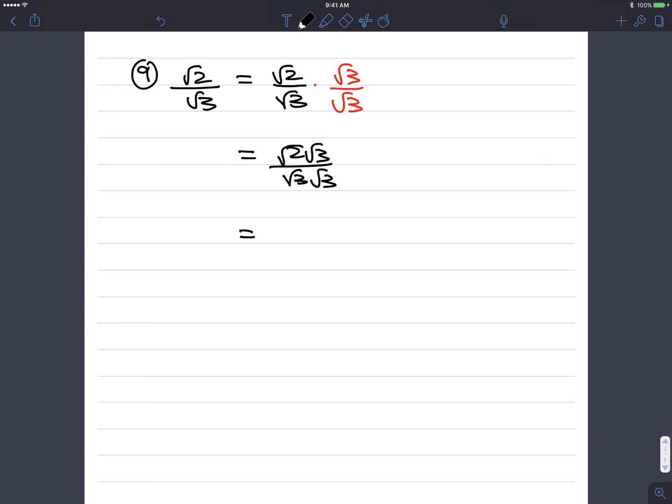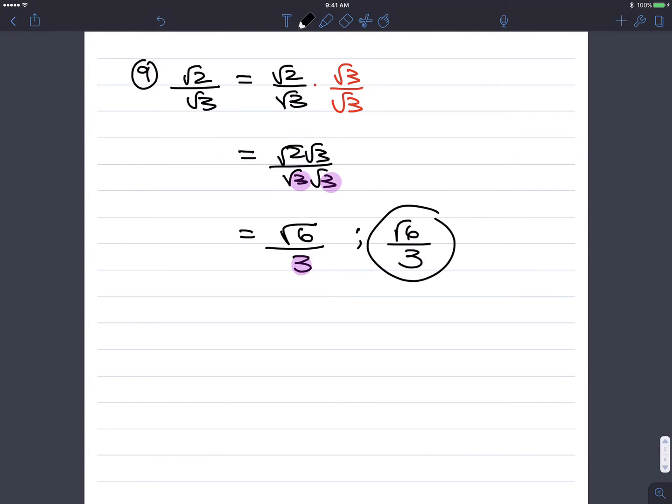Again, the numerator is the square root of 6, while the denominator is 3, because the square root of 3 times the square root of 3 is just 3 again. Now that square root of 6 radical is actually simplified. So that means we're done. This is the square root of 6 over 3.